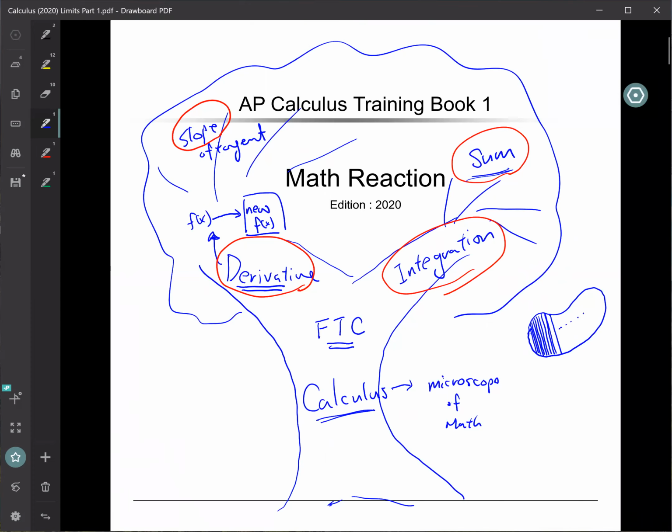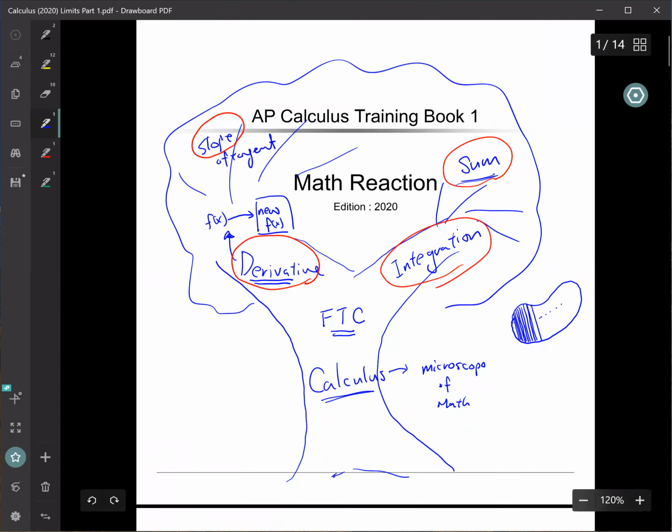It has two parts. Book one is all about derivatives, and you will find it much thicker than the second book. The second book is integration. So let's begin our journey.